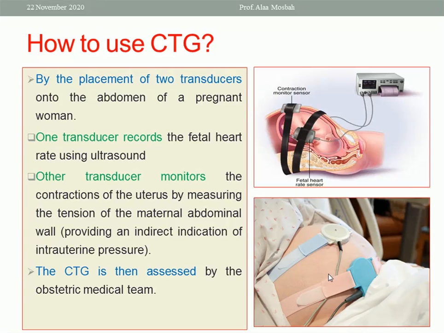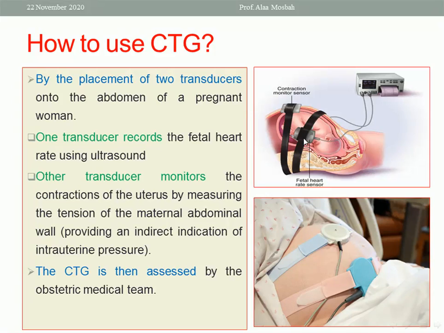So you apply the contraction transducer on the fundus to detect the tension of the abdomen, which reflects the intrauterine pressure, so it can detect uterine contraction and give signals which will be written on this strip of paper.